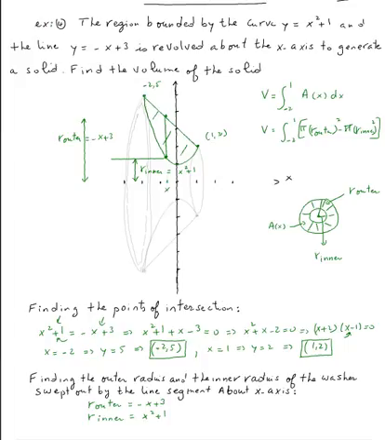In other words, it's the area of the big disk minus the area of the small disk.